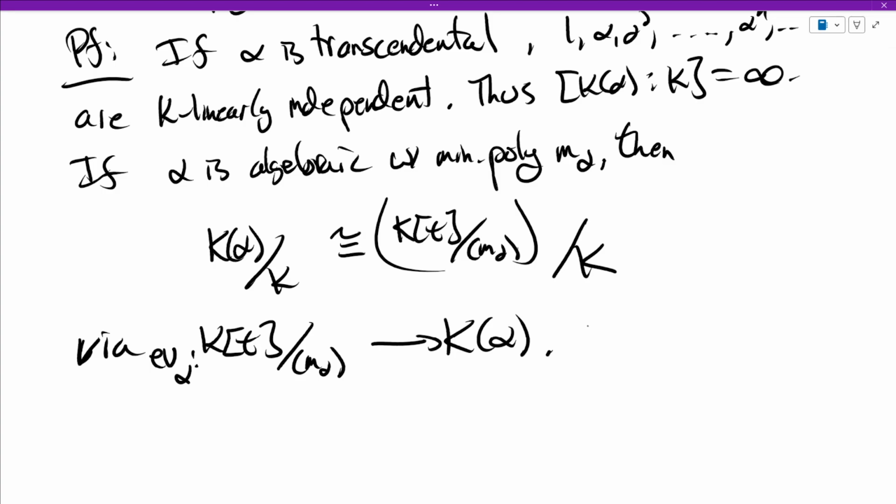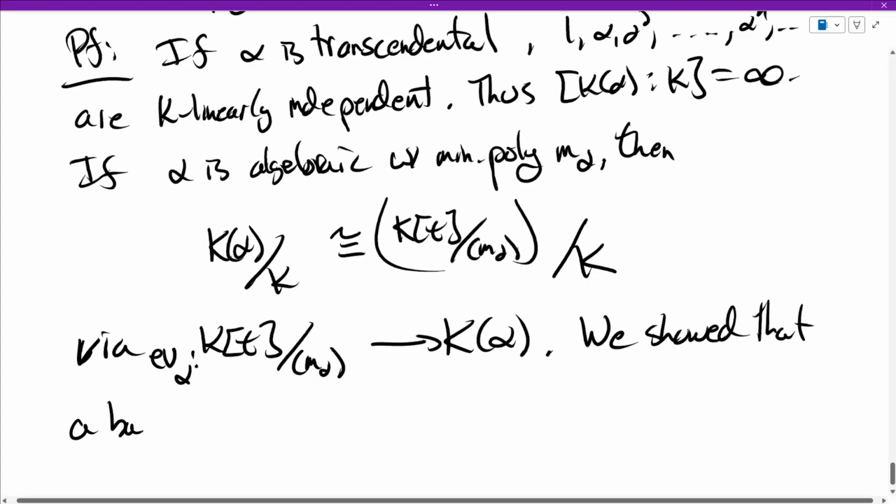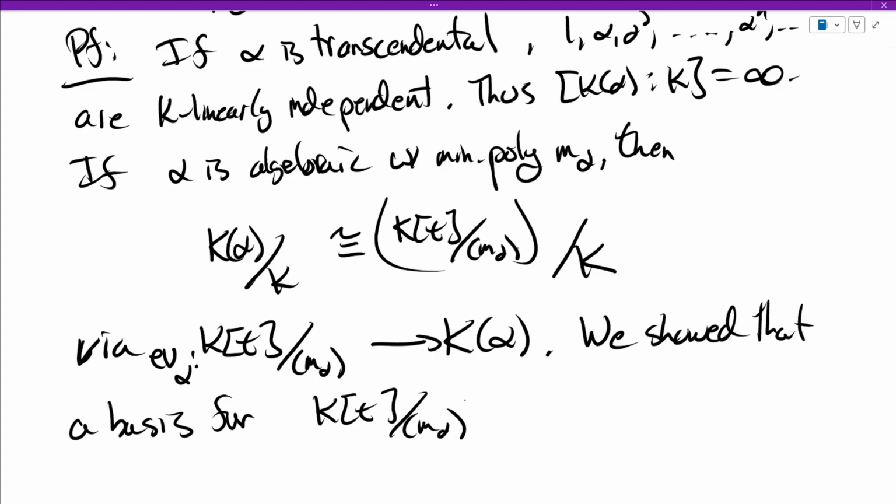And we showed that a basis for this guy, the left field, the quotient ring, which happens to be a field, is 1, t, t squared all the way up to t to the degree of m_alpha minus 1.